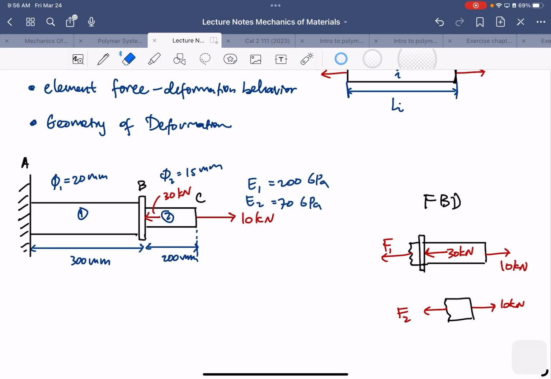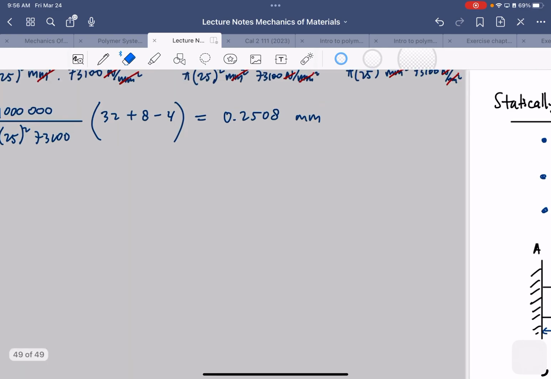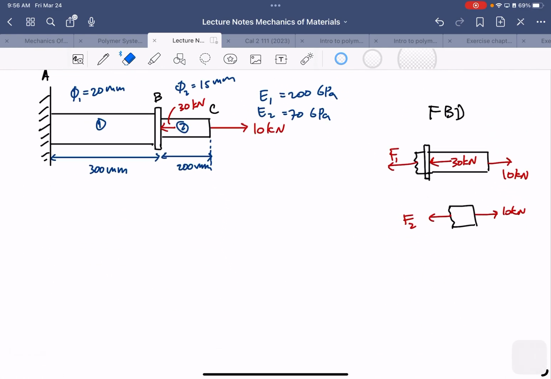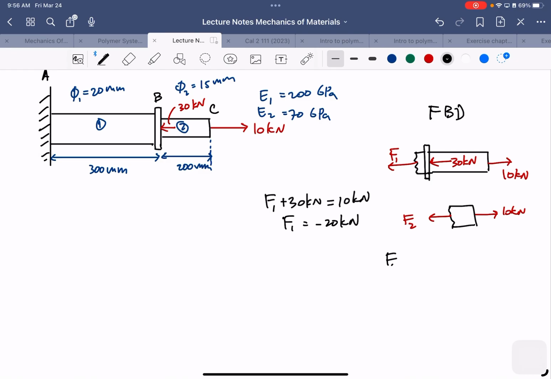But it's to the left, so we can write that as negative 20. So F1 plus 30 kilonewton is equal to 10 kilonewton. So F1 is negative 20 and F2 is this 10 kilonewton.